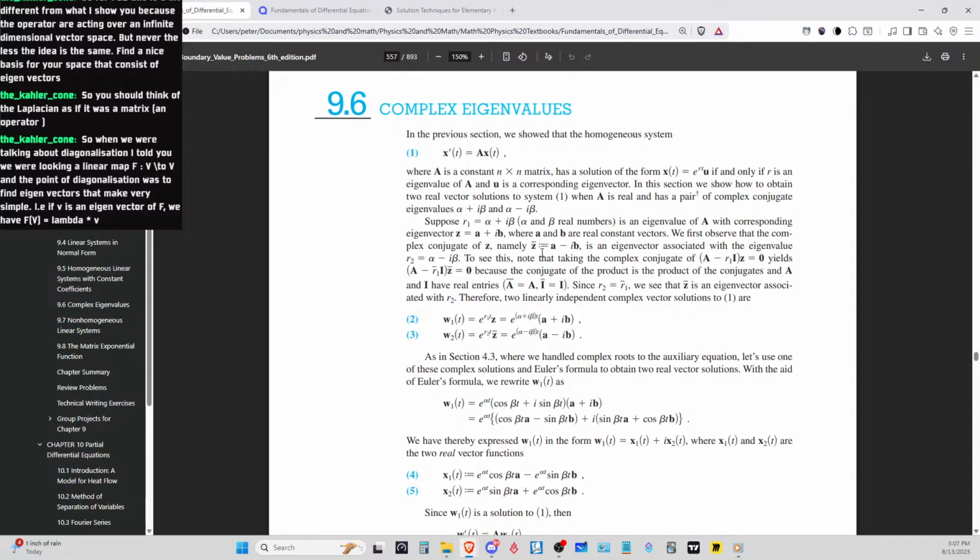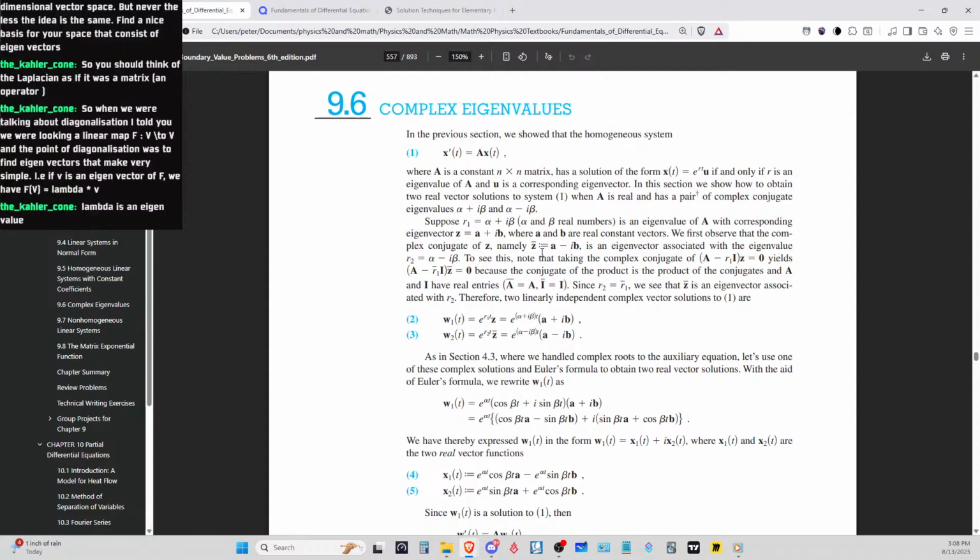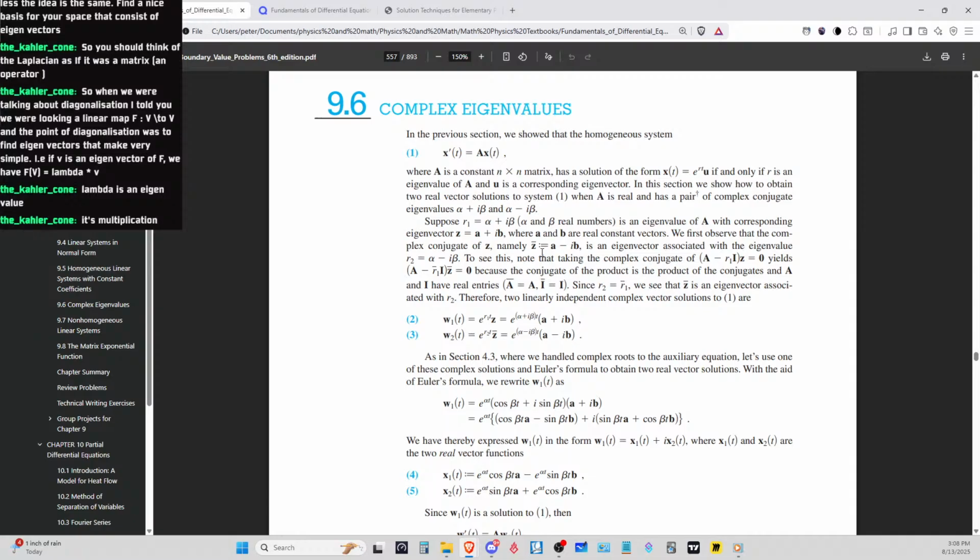What is lambda star in this case? Is it supposed to be the conjugate of lambda, or is it just lambda multiplied by v? Lambda is the eigenvalue. It's multiplication. Okay.